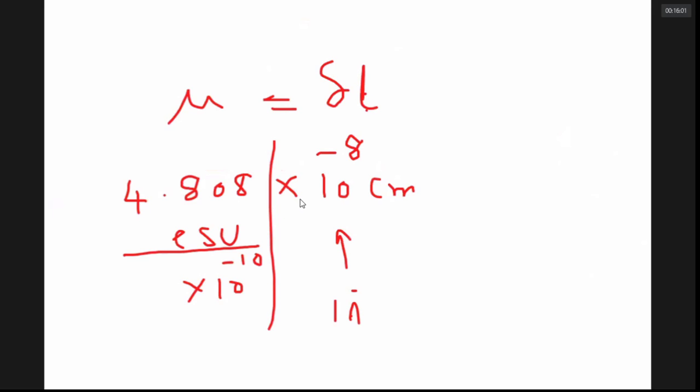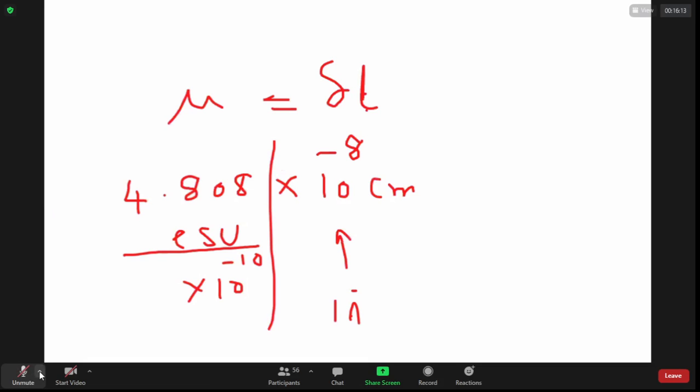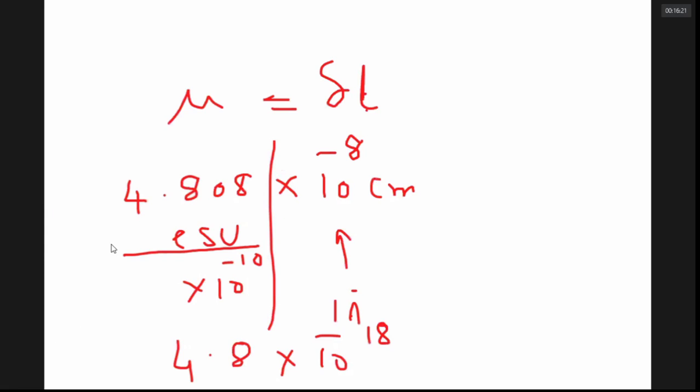If one electron is completely transferred, it will not happen; only partial charge will separate. If you imagine one electron completely transferred by a distance of 1 angstrom, the dipole moment is 4.8 into 10 to the power minus 18 ESU-cm in the old unit.